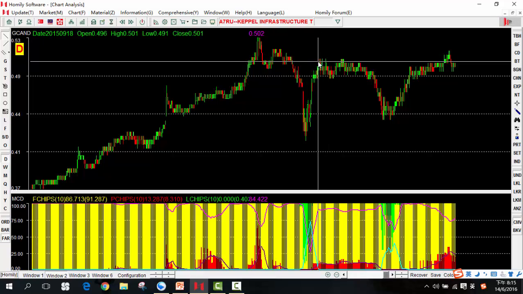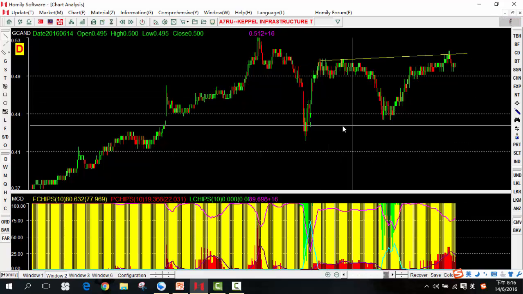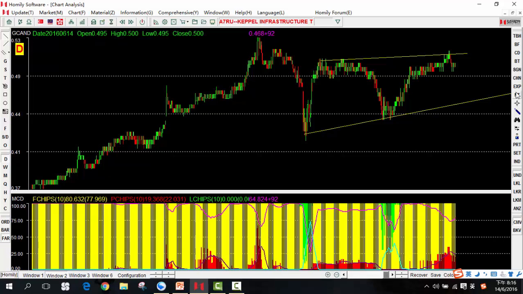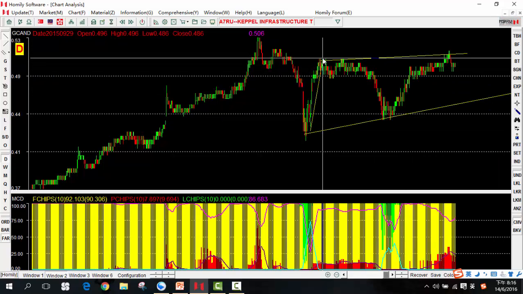Then we can see this one and the two lows. So is this a wedge pattern or not? Yes, but does it belong to a descending wedge or an ascending wedge? Ascending, right? Because of the higher highs and higher lows.